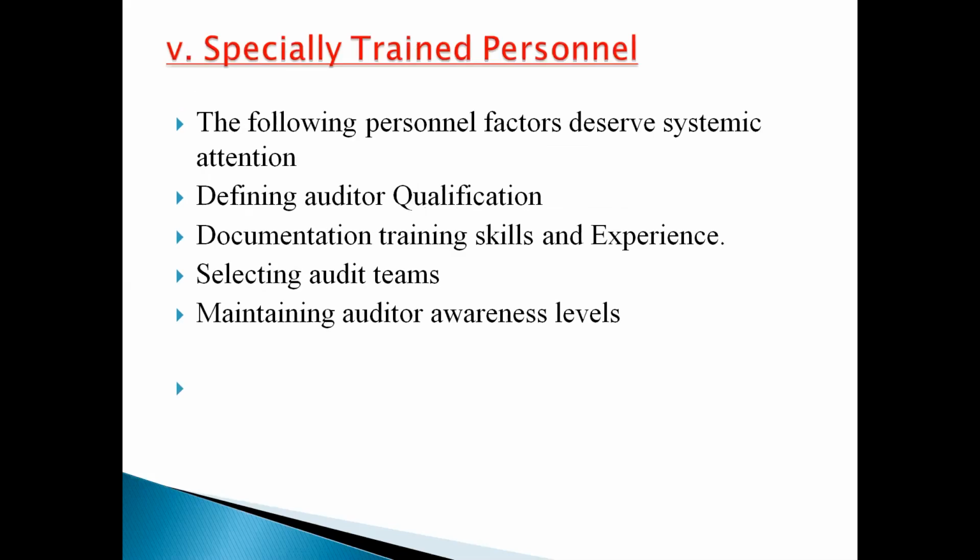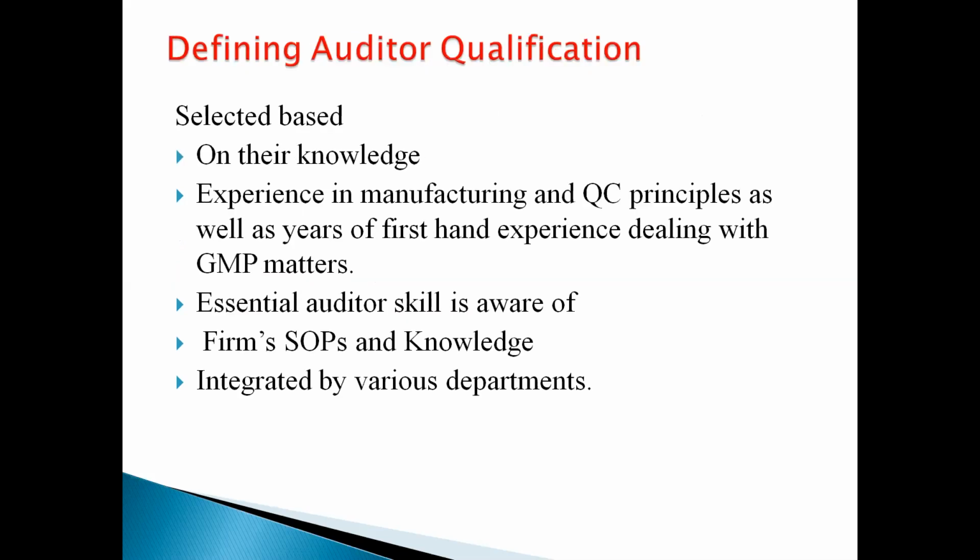Then, specially trained personnel, the fifth one. The following personnel factors deserve systematic attention: defining auditor qualification, documentation, training, skills and experience, selecting audit teams, and maintaining auditor awareness levels.